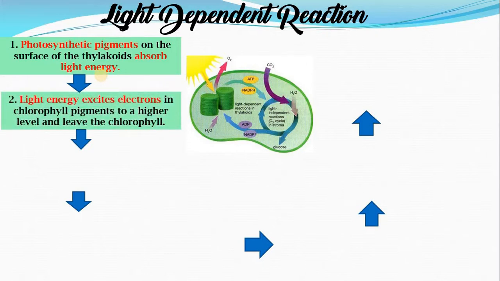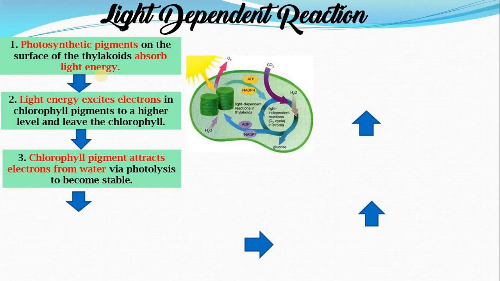Light energy excites electrons in the chlorophyll pigment to a higher level and they leave the chlorophyll. I repeat, the light energy excites the electrons in the chlorophyll pigment to a higher level and then the electrons leave the chlorophyll.